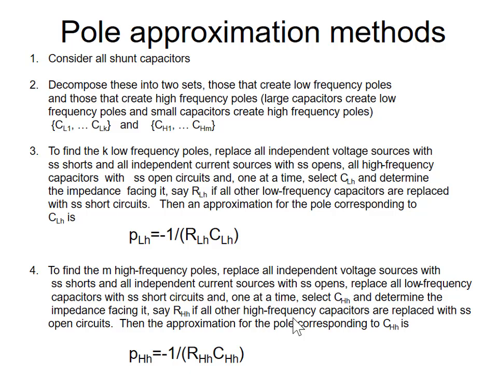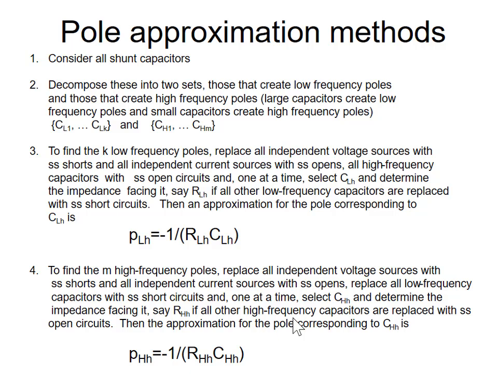So what we do is we decompose. So we're going to consider the shunt capacitors. We're going to use the concept of a pole on a node. So we're going to assume that there's a one-to-one correlation between the nodes in the circuit and the poles in the amplifier.